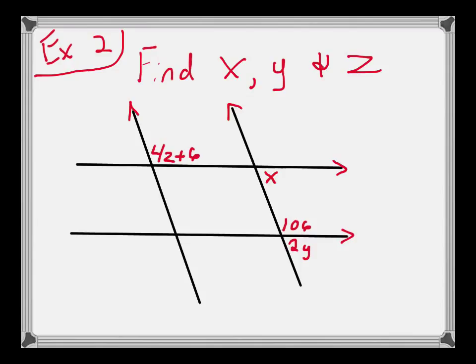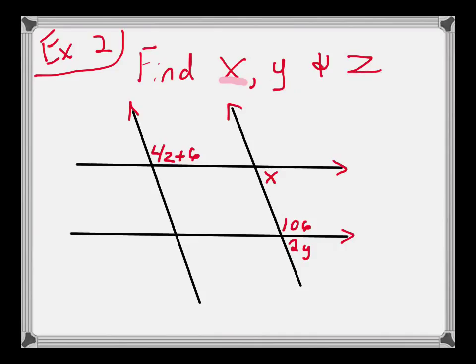What they want us to do, we need more practice in this, is apply theorems: alternate exterior, alternate interior, vertical angles, all those theorems that we've learned in the past. We're going to have to find 3 different variables here, x, y, z.